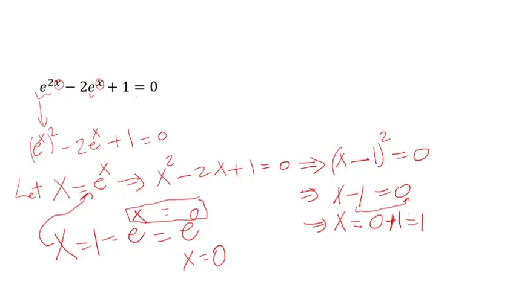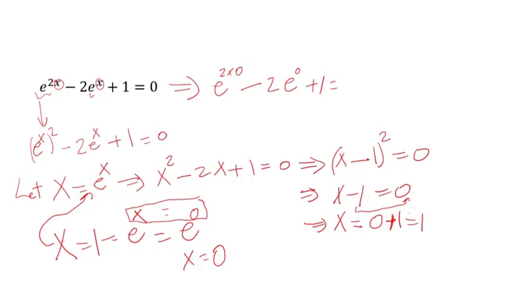So let me go back to the original equation and replace x with 0. So e to the power of 2 times 0, minus 2 times e to the power of 0, plus 1.